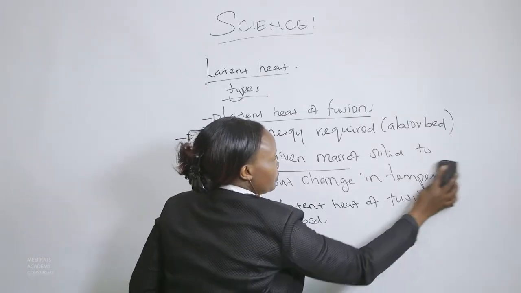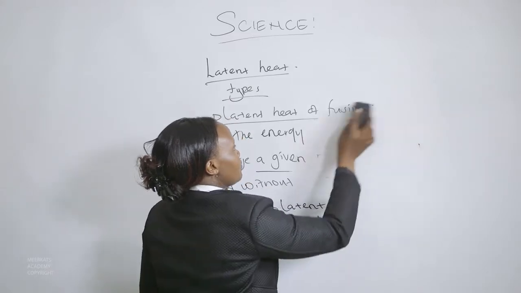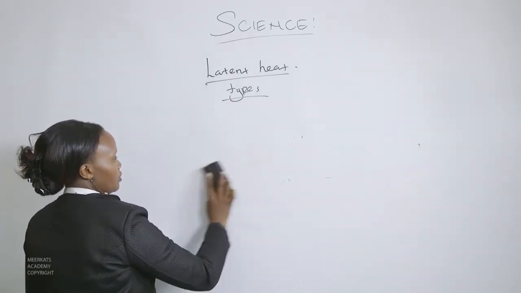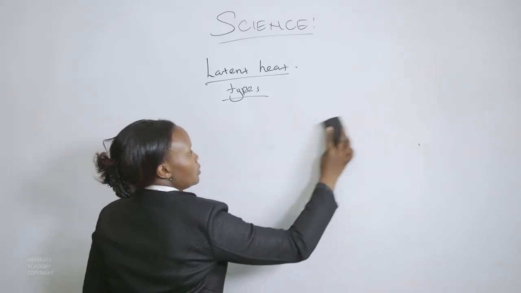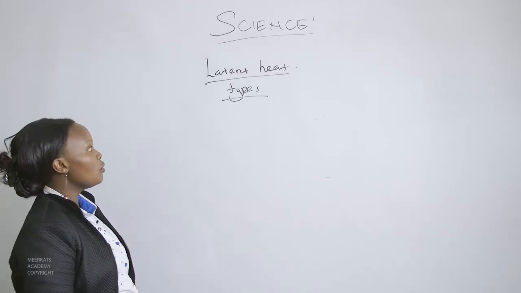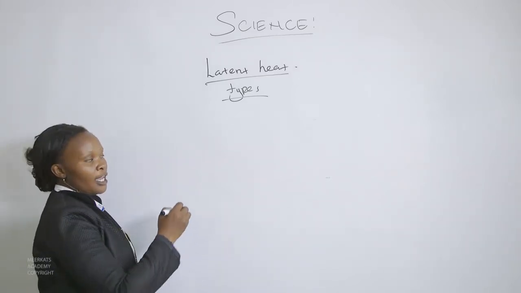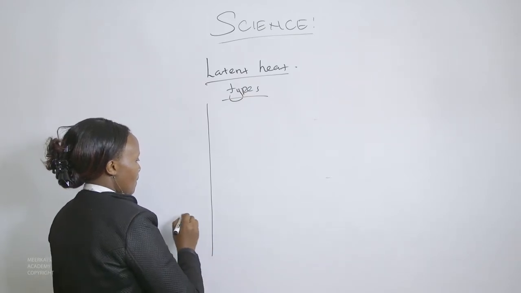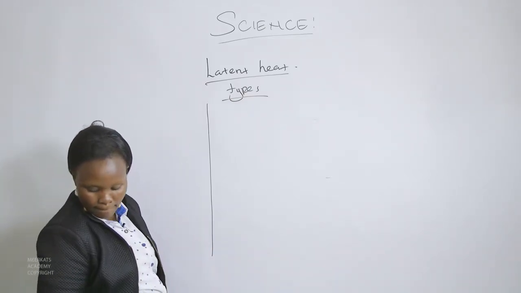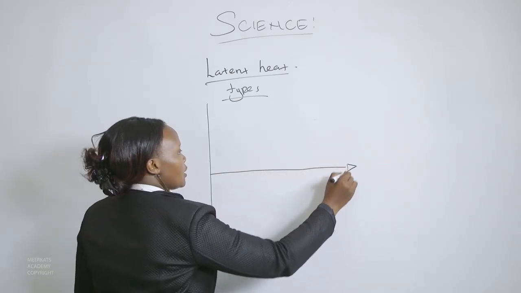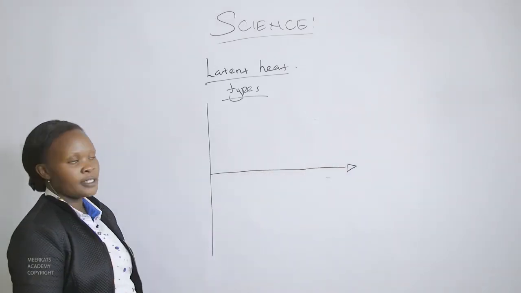Now, let us define latent heat of vaporization. But before then, we could draw what we call a heating curve. Let us take an example of ice.